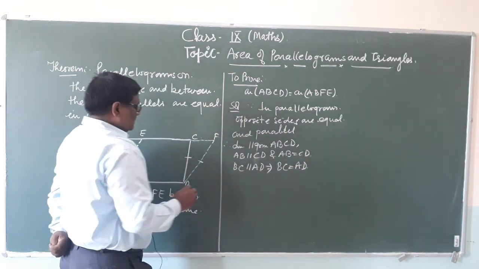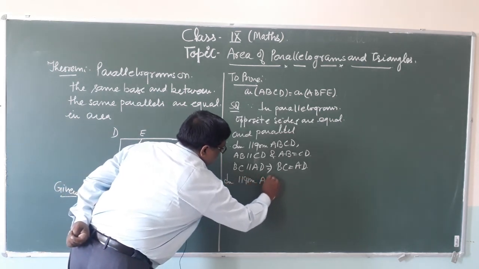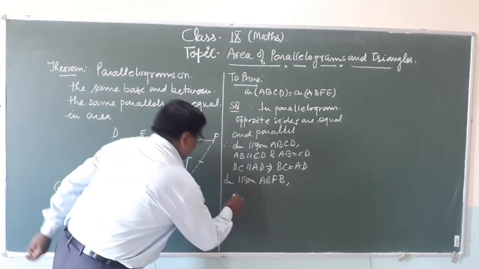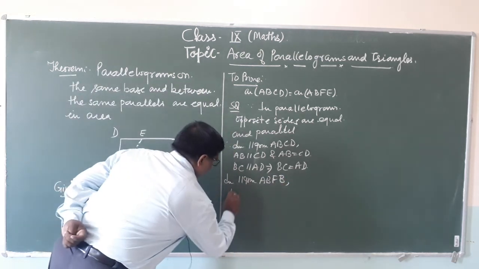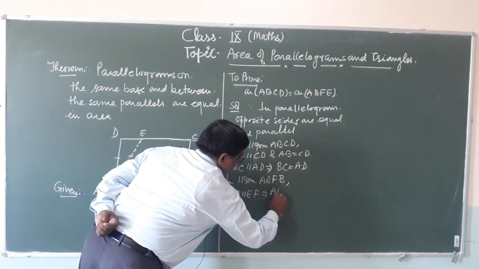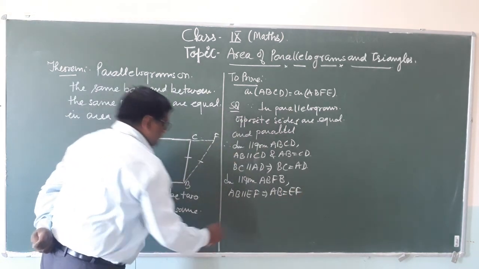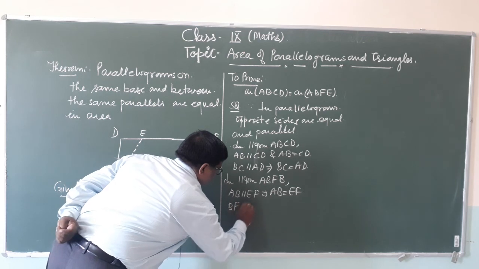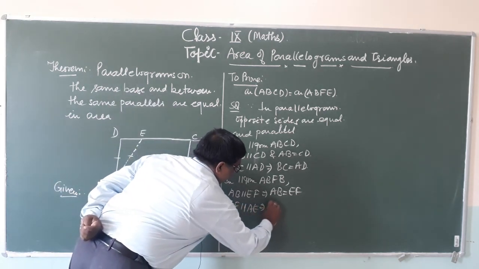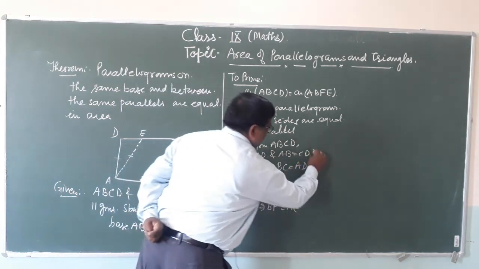Again, in parallelogram ABFE, here AB is parallel to EF, this implies that AB is equal to EF. Again, BF is parallel to AE, this implies that BF is equal to AE. This is the property of the parallelogram.